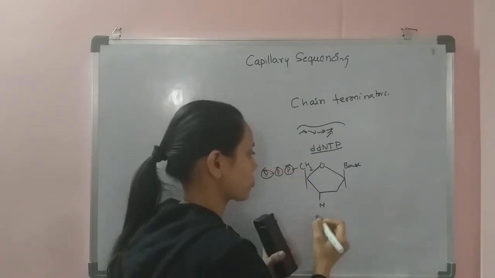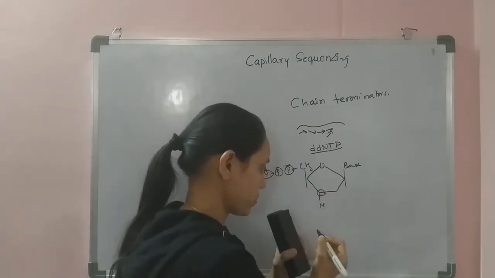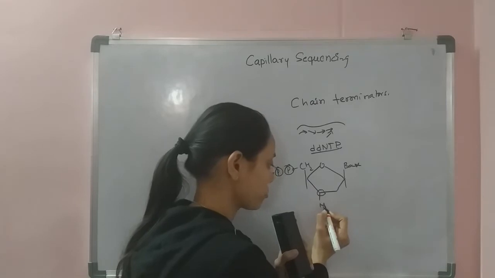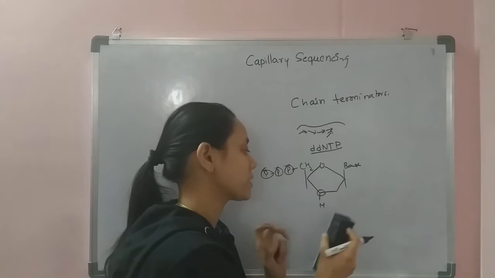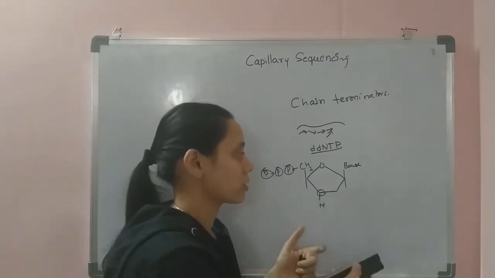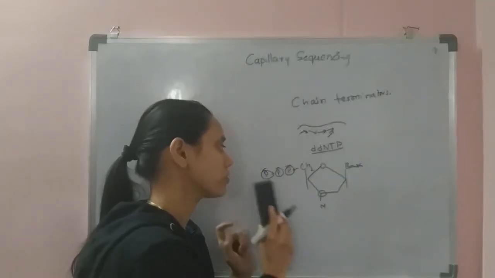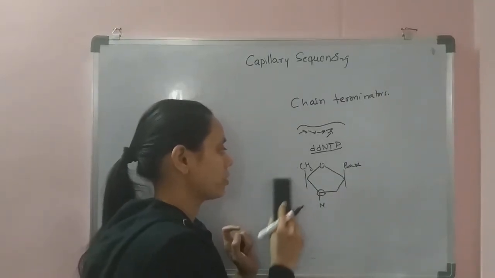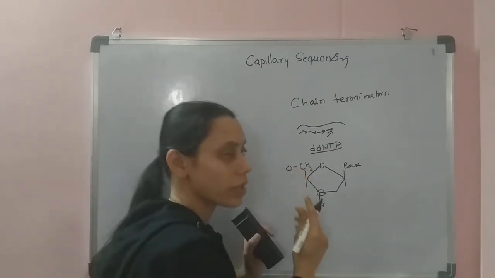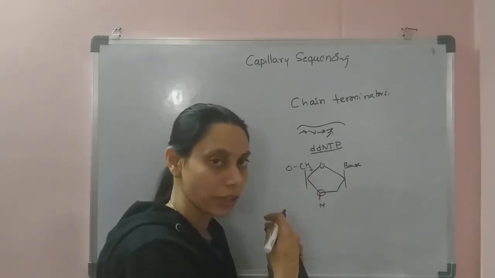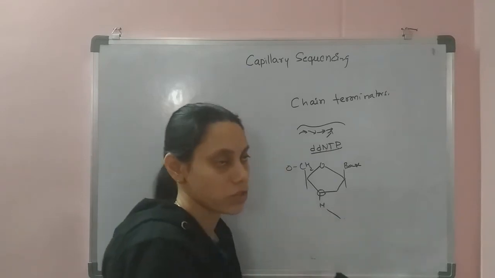So this is the structure of the ddNTP, and this is the 3' position. Here it's supposed to be an oxygen hydroxyl group, but instead the oxygen is removed, so the dideoxynucleotide phosphate acts as a terminator. Because of the presence of the 5' oxygen, they can form a phosphodiester bond with the preceding nucleotide, but with the upcoming nucleotide they cannot form a phosphodiester bond.